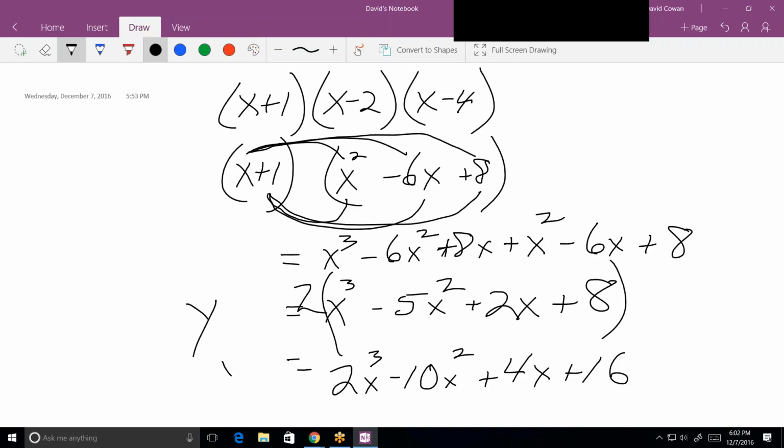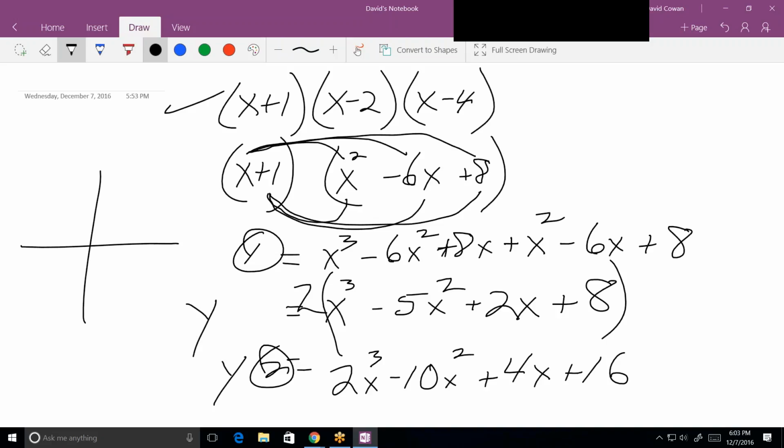Now, what might not be apparent to you is that this polynomial has the same zeros. In other words, this function 1 and this function 2 are different functions. They're not the same. They wouldn't graph the same. The only thing that's the same about them is they would have the same zeros. In other words, they would cross the x-axis in the same place.